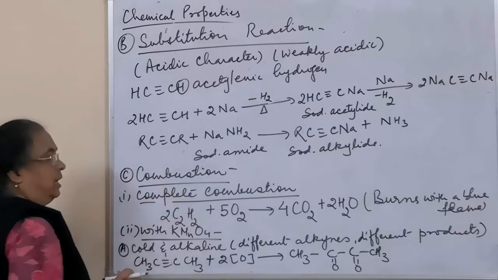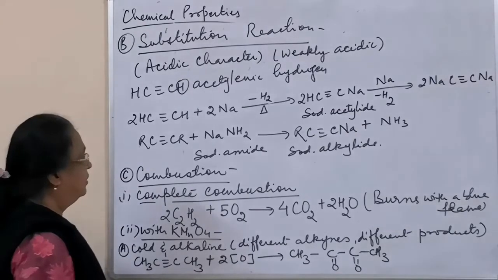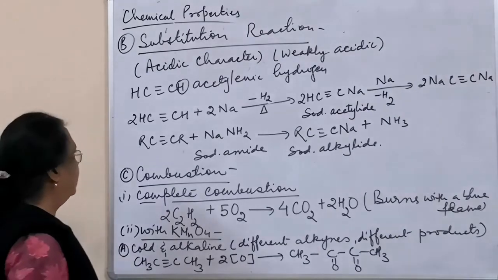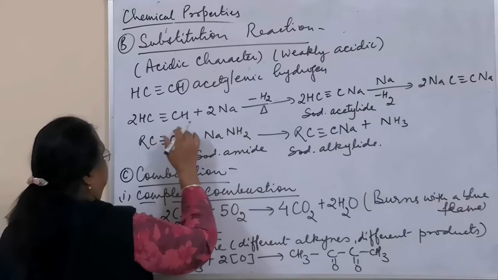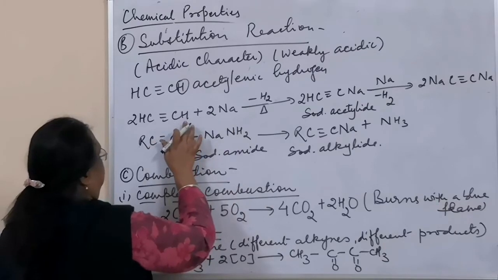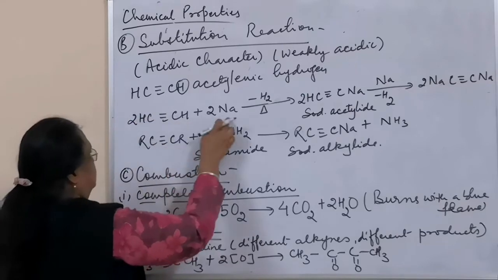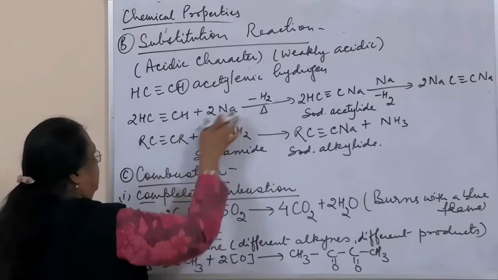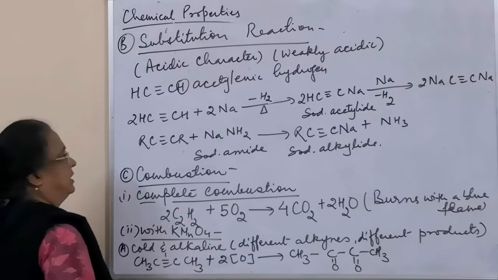These hydrogens cannot be replaced by just any substance or any metal, but only by very strong, very reactive active metals like sodium or potassium. So when sodium combines with this, the hydrogen is substituted, and when hydrogen is out, sodium will be linked over here and hydrogen gas is released.